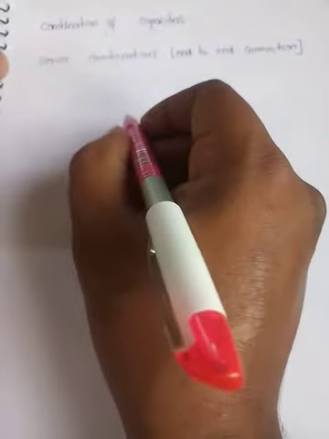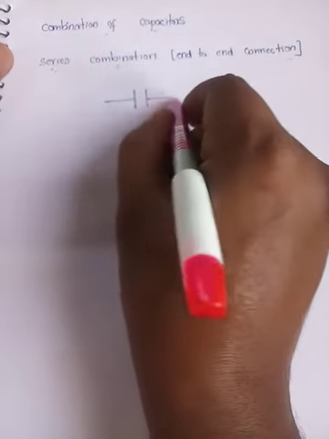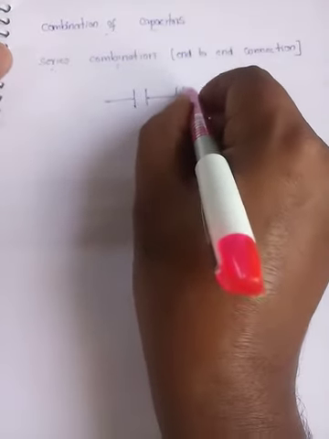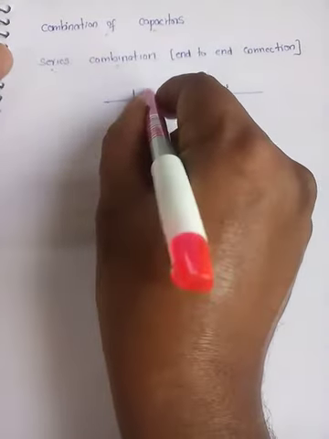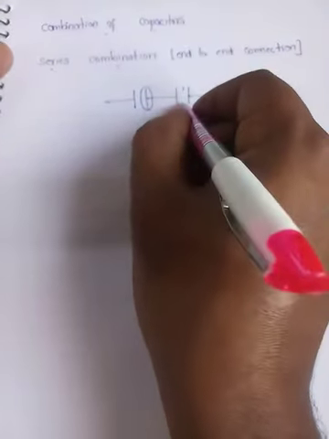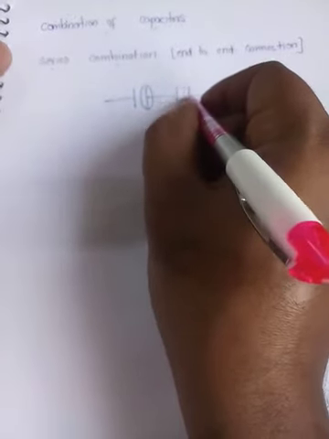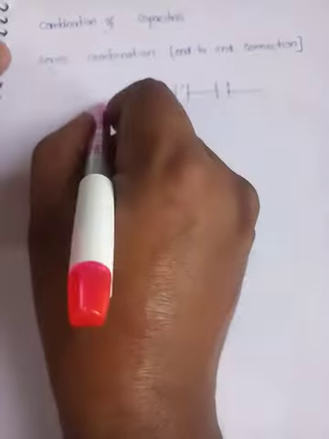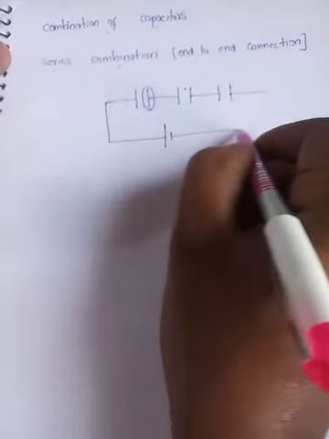Okay. Now let us take a series combination of three capacitors. So what is the capacitor symbol? We are taking fixed capacitors. So this is, see, the second plate of the first capacitor connected to the first plate of the second capacitor, the second plate of the second capacitor connected to the third plate, right? Now this free end is connected to one end of the battery and the other end is connected to the other free end.